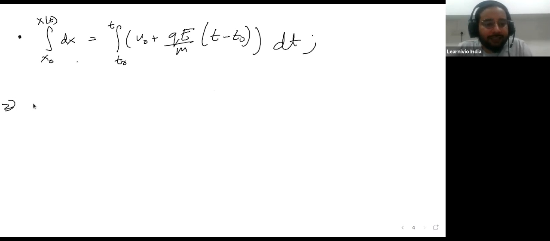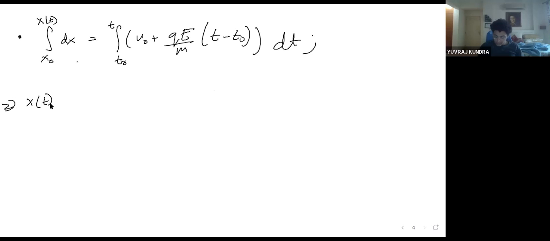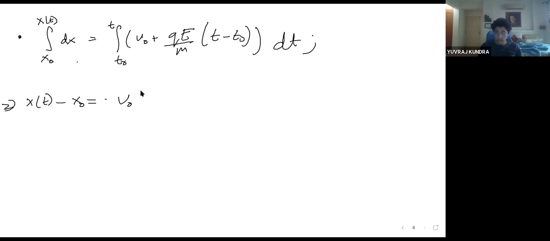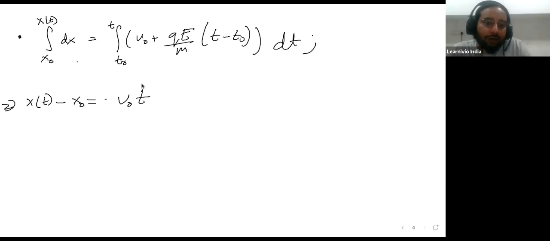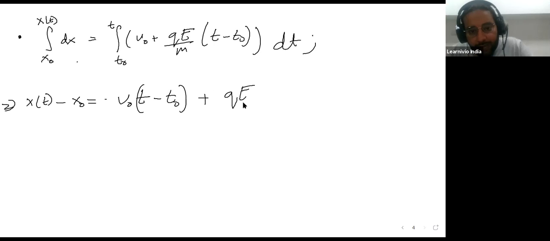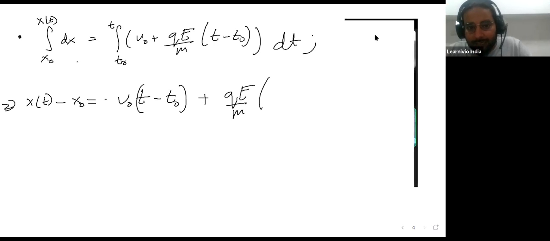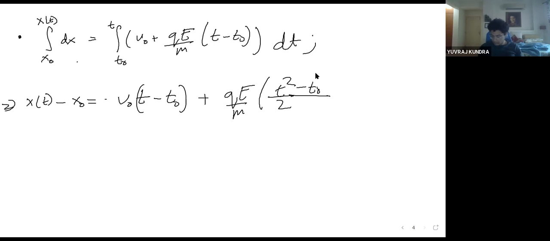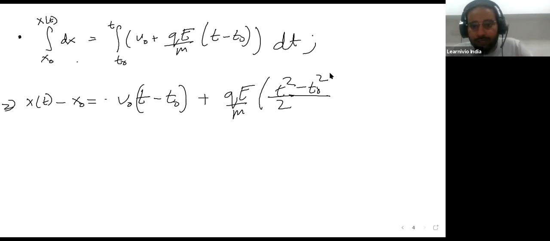What do you have on the left hand side? You just have x as a function of t minus x naught, which should be equal to v naught times (t minus t naught) plus qE over m times, t becomes t squared over 2 minus t naught squared over 2, because you have t squared in both limits.